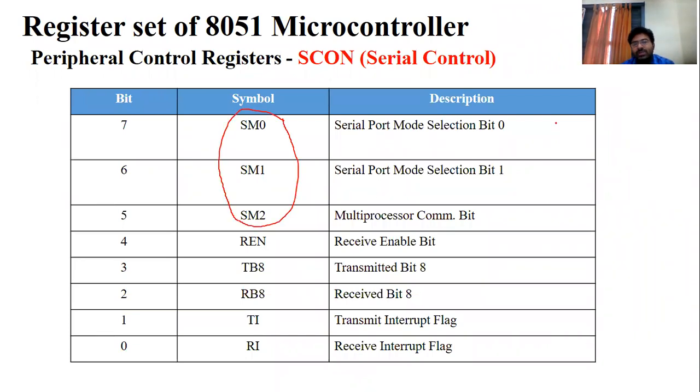SM0, SM1: these bits select the serial port modes. Whenever it is SM2, this is the multiprocessor bit. Then the receive enable bit, transmit bit 8, receive bit 8, transmit interrupt flag, receive interrupt flag.